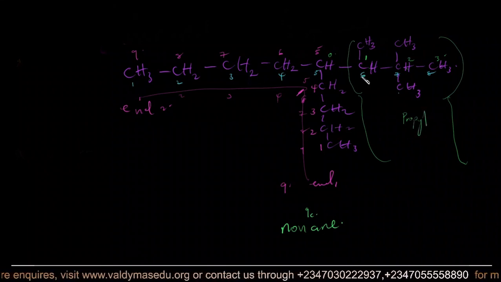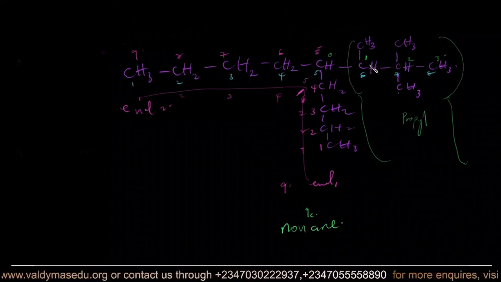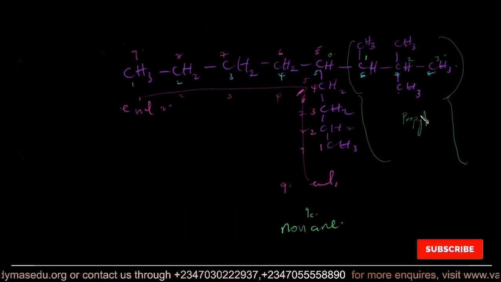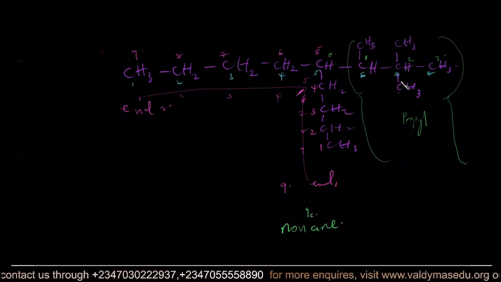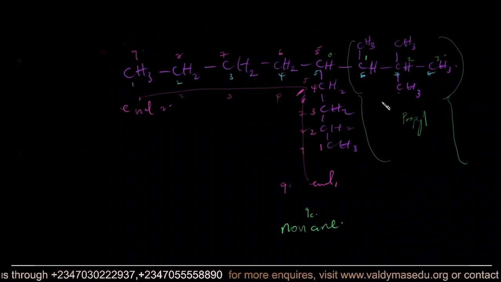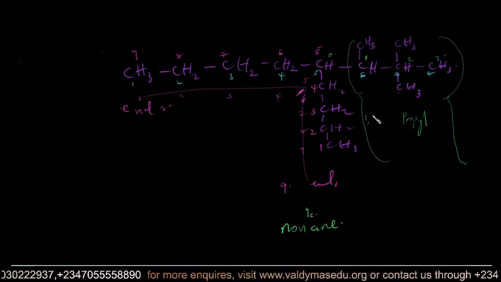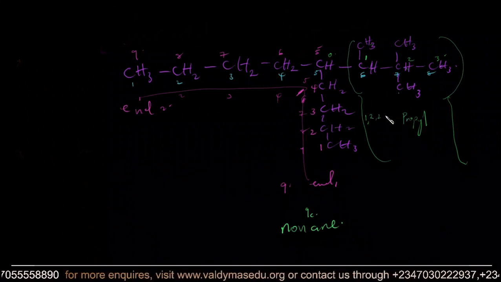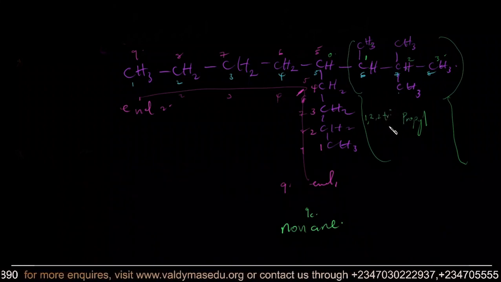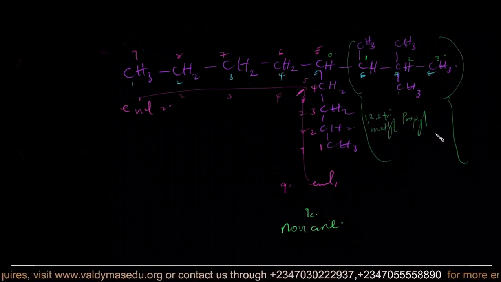Since it's still a substituent, we can't call it propane. It's still propyl, 1, 2, 3 propyl. Then the propyl has substituents: we have 1, comma, then 2, 2. Since there are 3, that will be trimethyl propyl. Okay, do we get that?